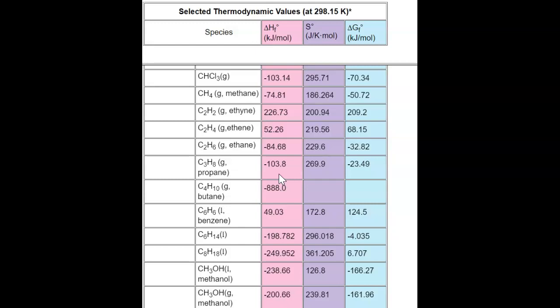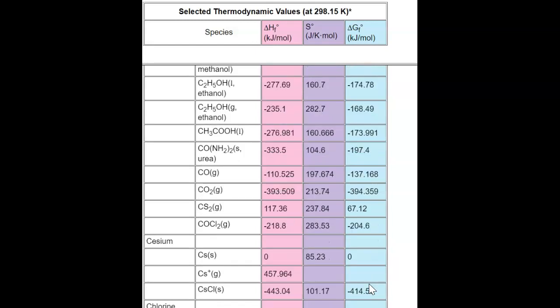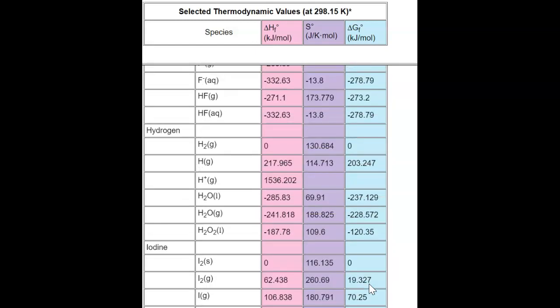Our next one is carbon dioxide. Down there's carbon dioxide gas, and it is a negative 393.509.